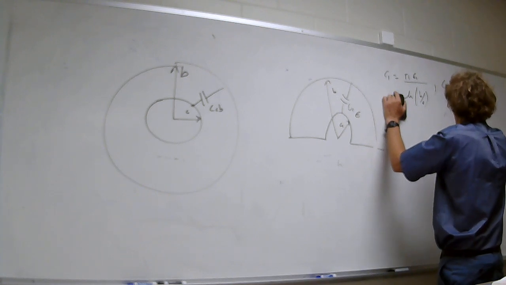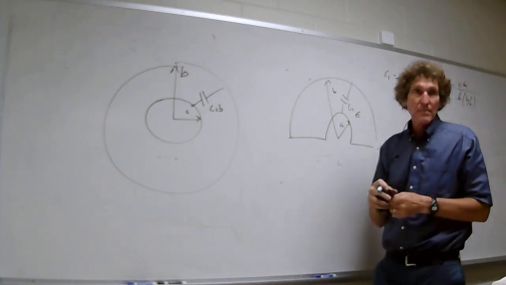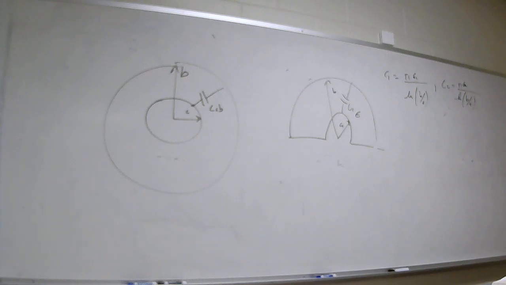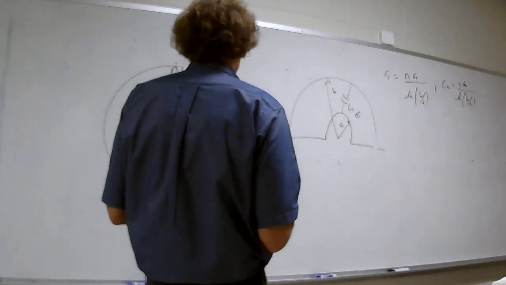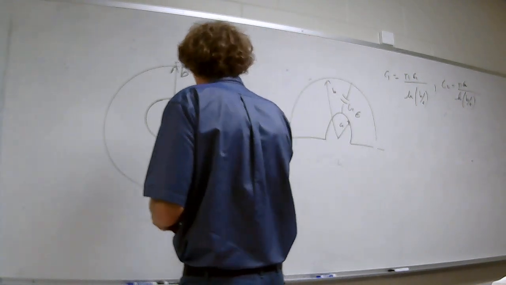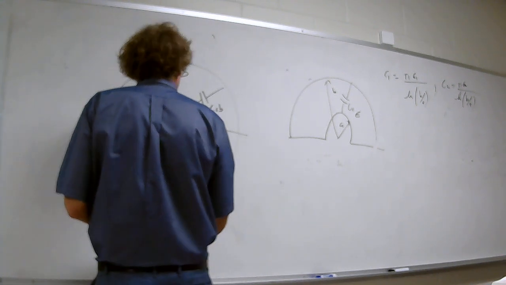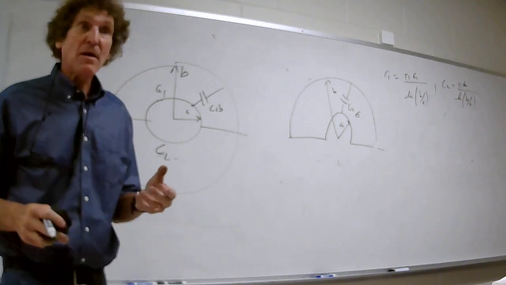C2 is going to be pi epsilon 2 divided by natural log of B over A. Does this make sense to everybody? I prefer to do it this way than any other way, because most engineers have a good feel for parallel and series components. Now, do you all agree that now you've got this problem, you've got epsilon 1, epsilon 2. We can just say they're in parallel and add them up.